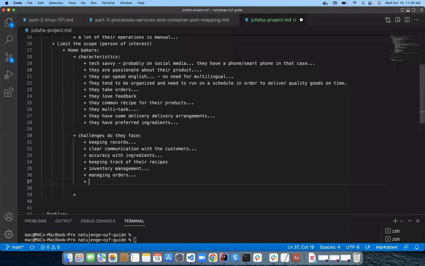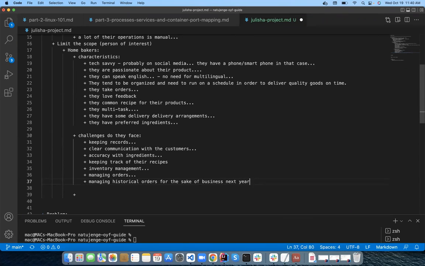But one of the things that I'll tell you is that these home bakers, they can easily forget managing historical orders. So in other words, what was placed historically, managing those orders for the sake of business next year.